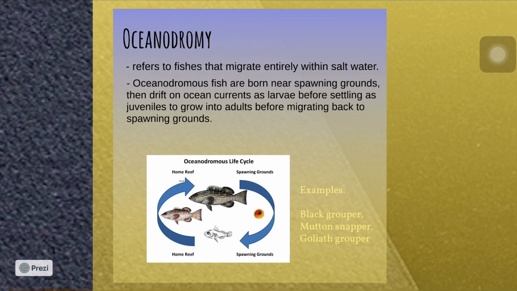And we saw the video or some pictures about grouper. They spawn in the grounds in the reef where they grow. Some other examples of these species are black grouper, mutton snapper, and Goliath grouper.